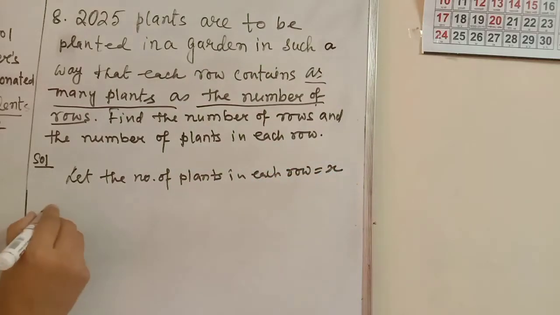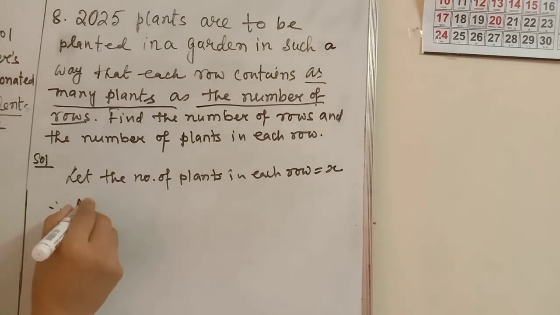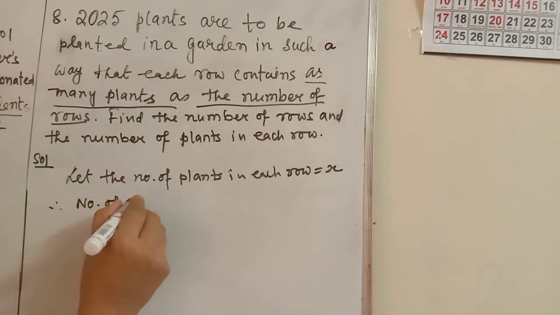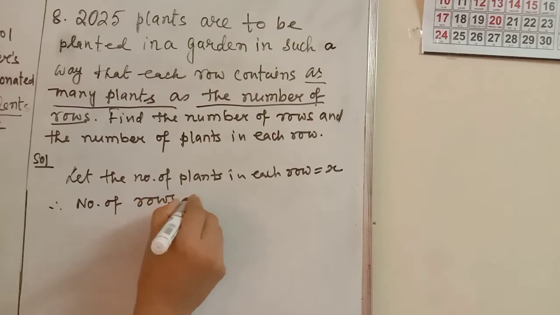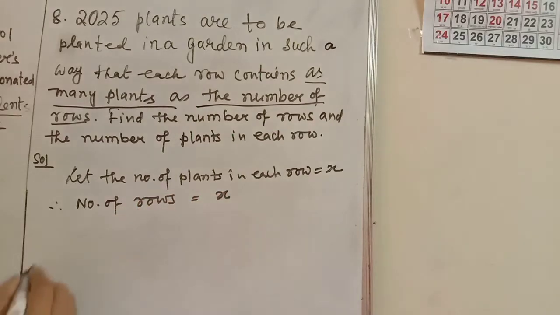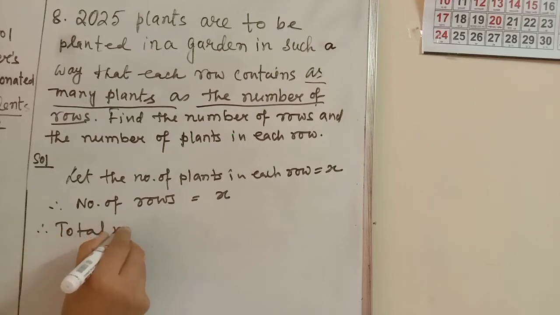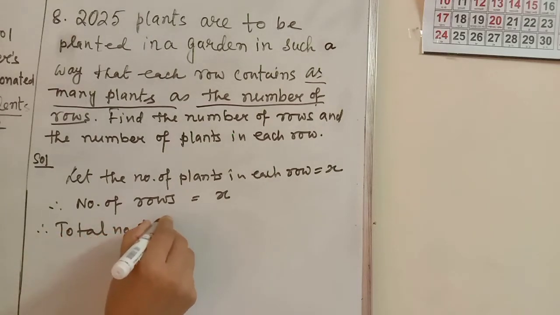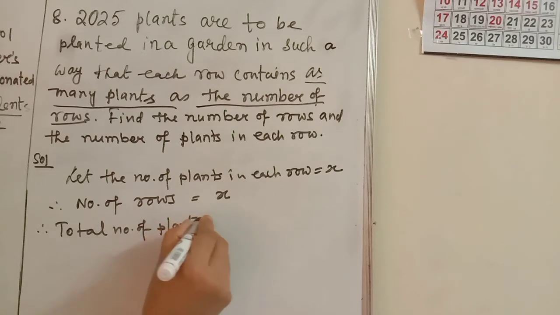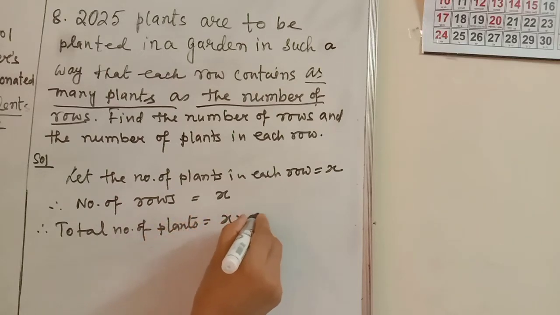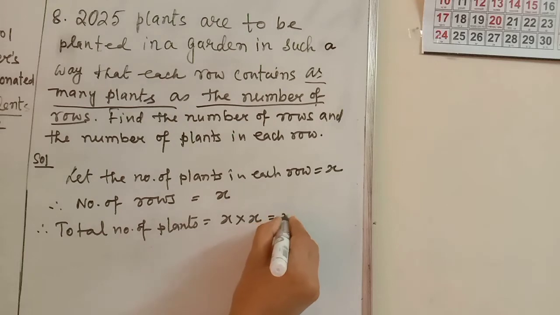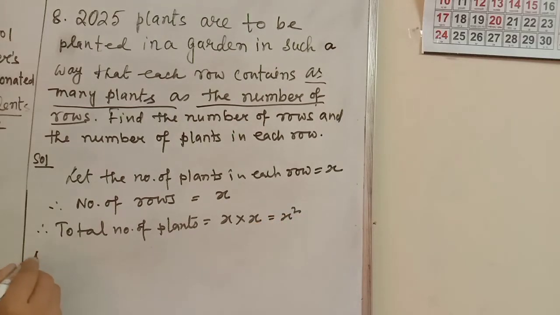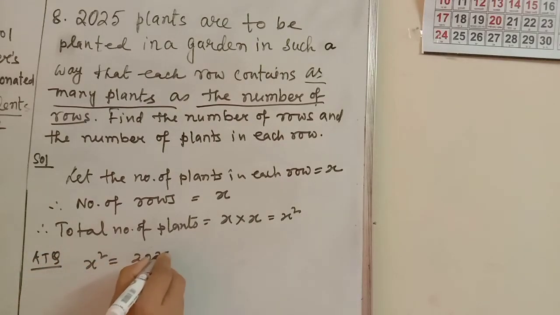Therefore the number of rows is equal to x. Therefore the total number of plants is equal to x into x, that means x squared. According to the question, this x squared is equal to 2025.